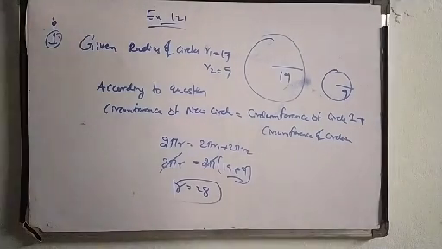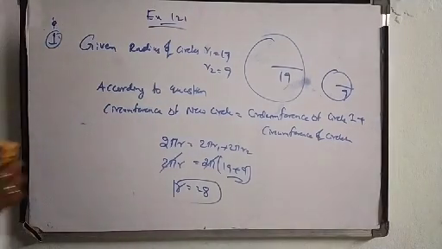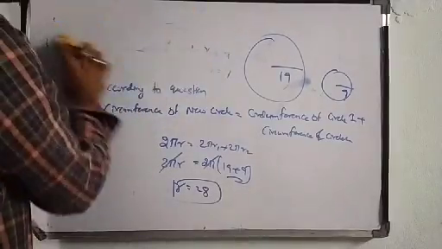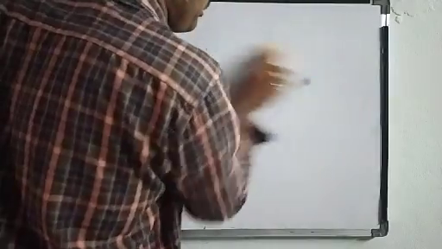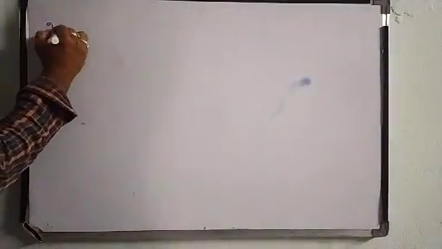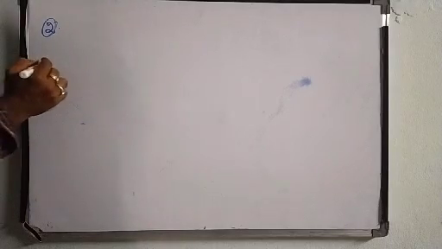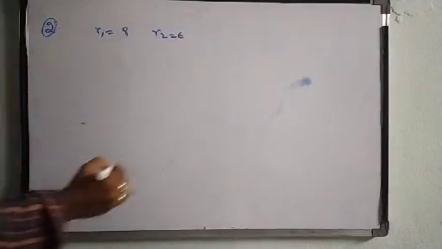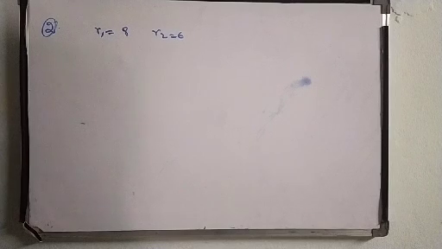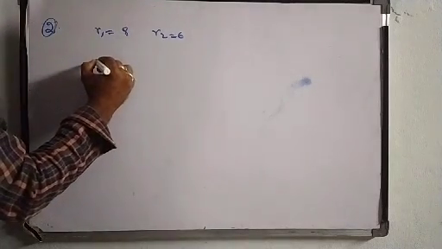Next, coming to the second question. The radii of the two circles are given, which are 8 centimeter and 6 centimeter. The question is to find the radius of the circle. This time he is asking about areas.